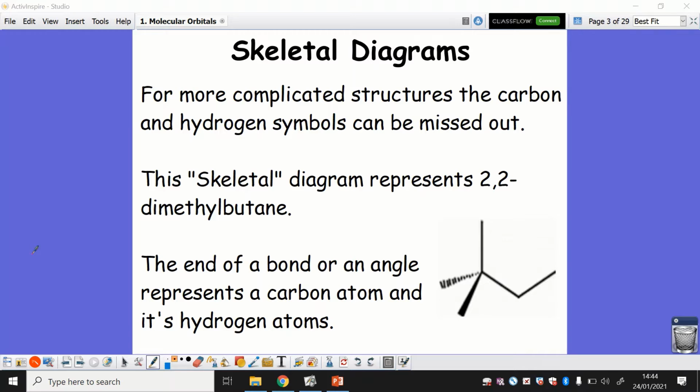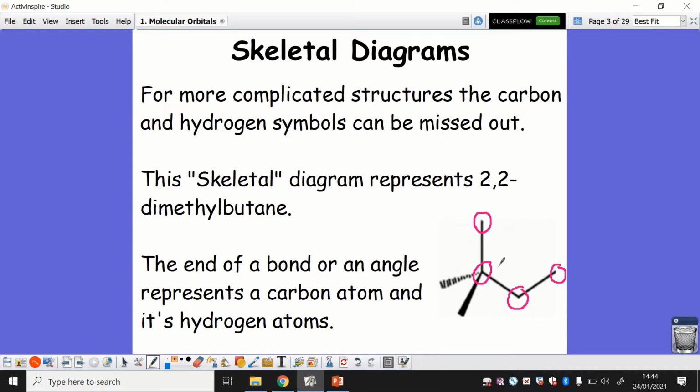Right, so here is this structure again, just in the bottom right hand corner. Rather than drawing in all the individual carbons and hydrogens, I've essentially just left them out. And each end of a bond, or each angle in a bond, or edge of a bond, would represent a carbon.